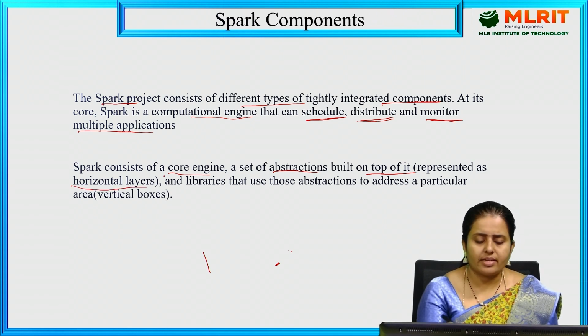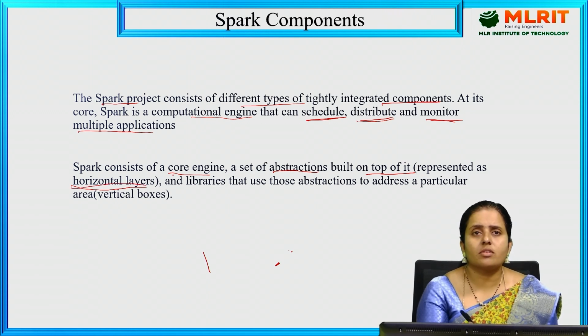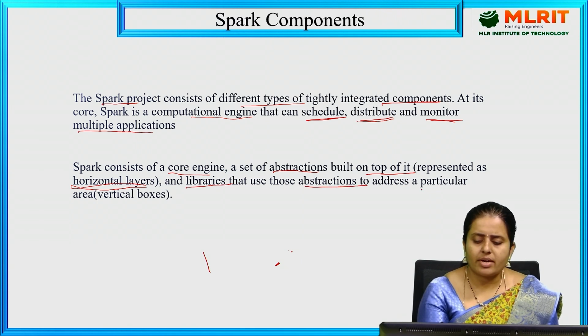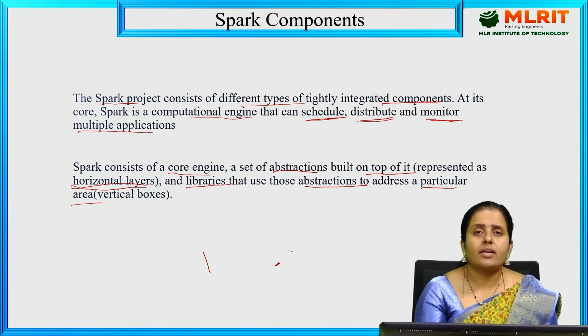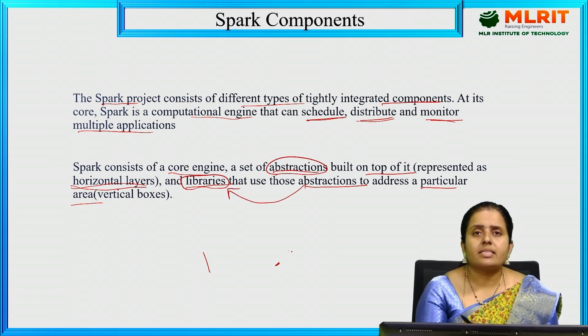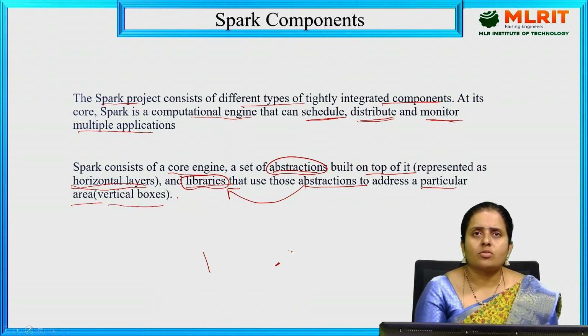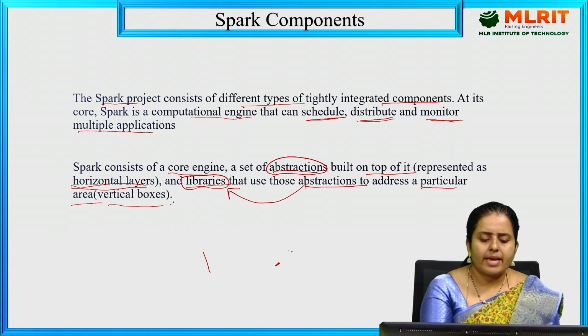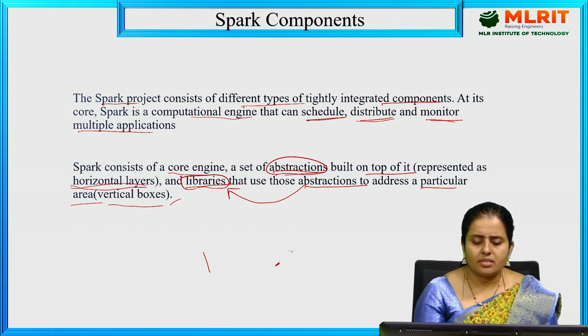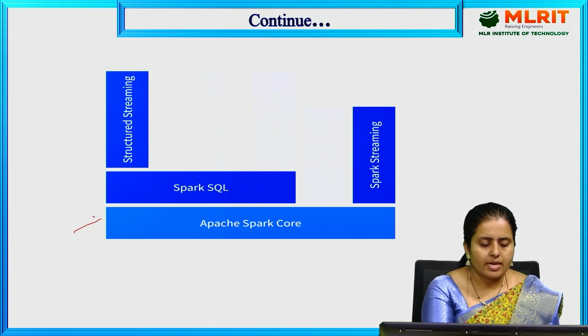It also has libraries that use those abstractions to address a particular area, represented as vertical boxes. In the next slide there is a diagram showing all these abstractions and libraries as horizontal and vertical boxes.